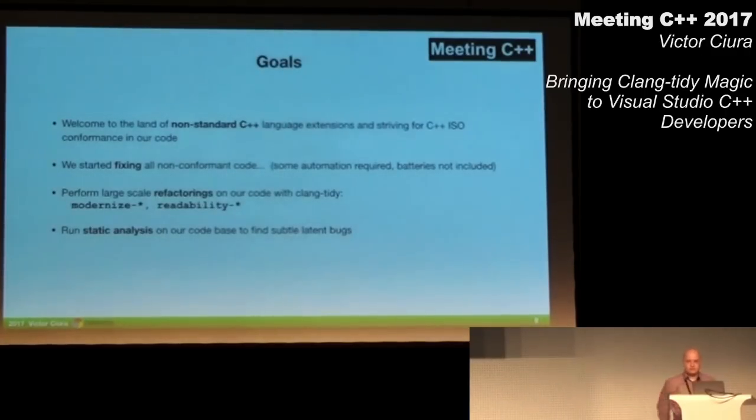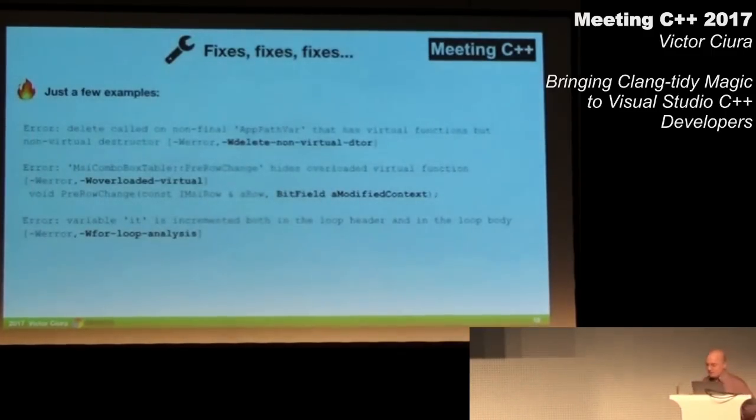And yes, I know Visual Studio has a static analyzer, and yes, it does have a C++ Core Guidelines checker, but you can never have enough tools and checks in your life. So more is better. Just a few examples of fixes we've needed to do.